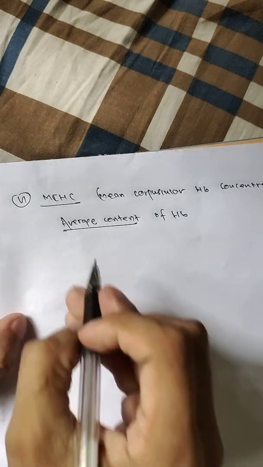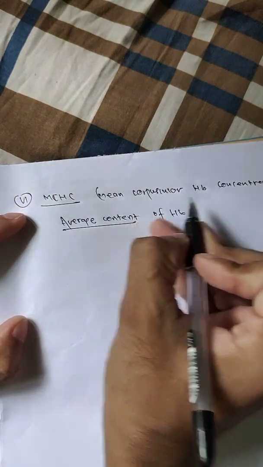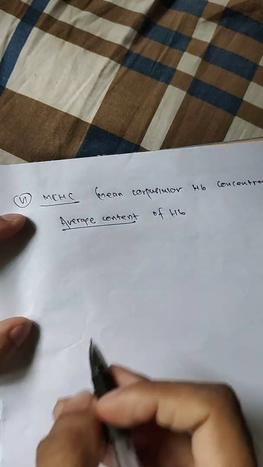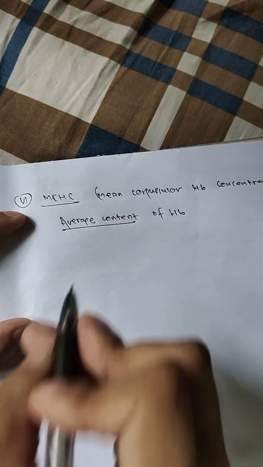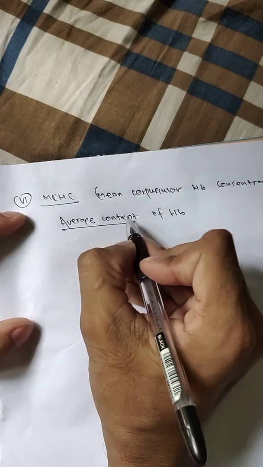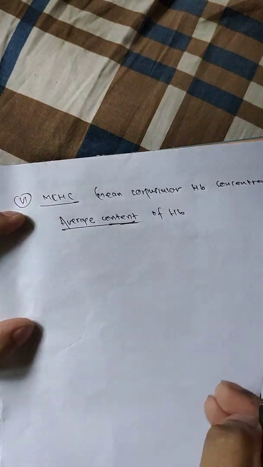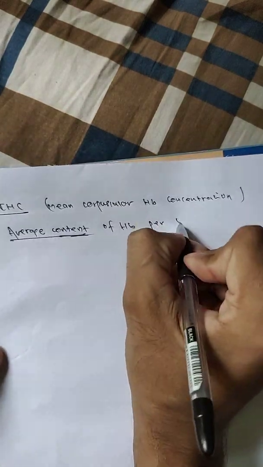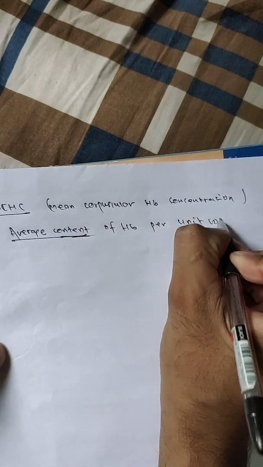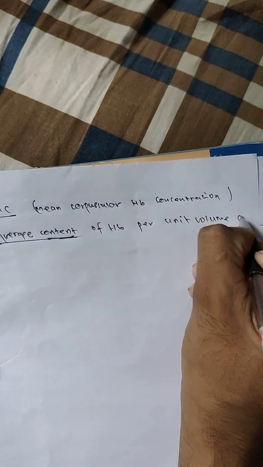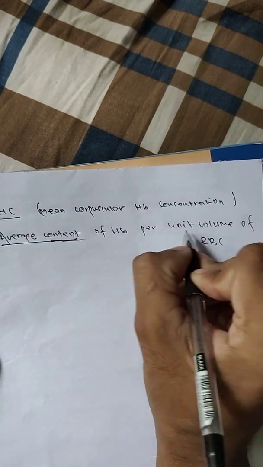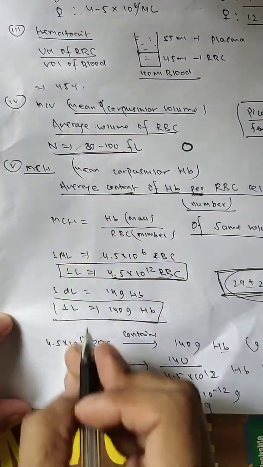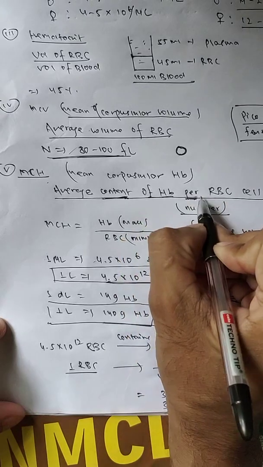Next is the MCHC, the mean corpuscular hemoglobin concentration. The mean corpuscular hemoglobin concentration is the average content of hemoglobin per unit volume of RBC. In the MCH, there was the average content of hemoglobin per RBC cell.